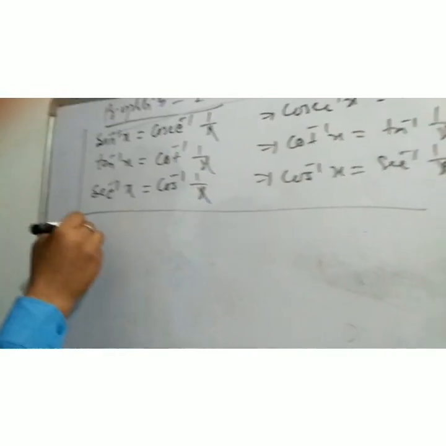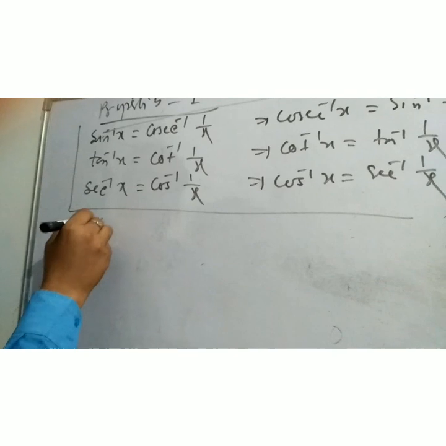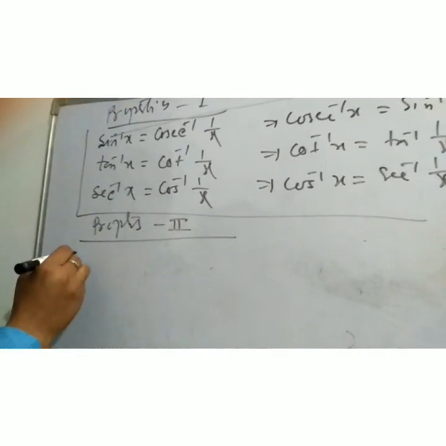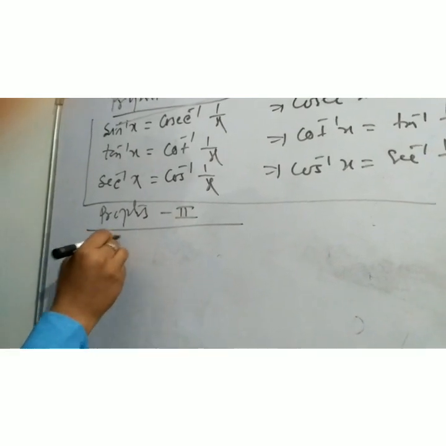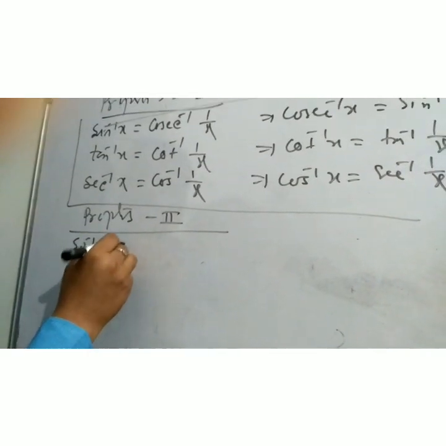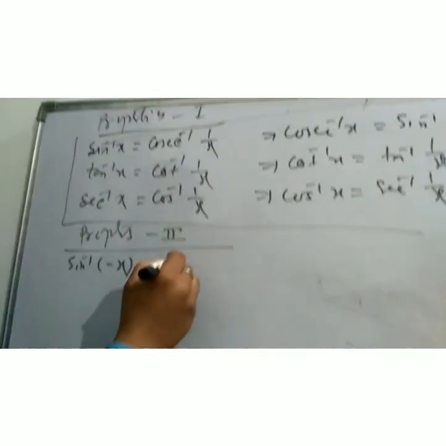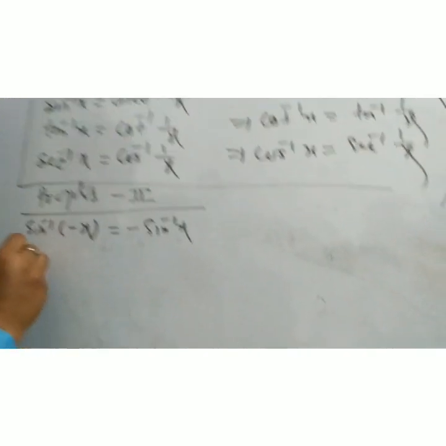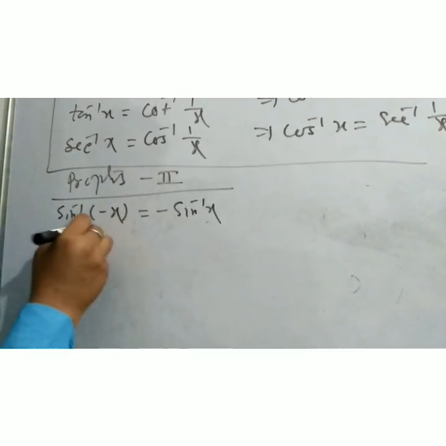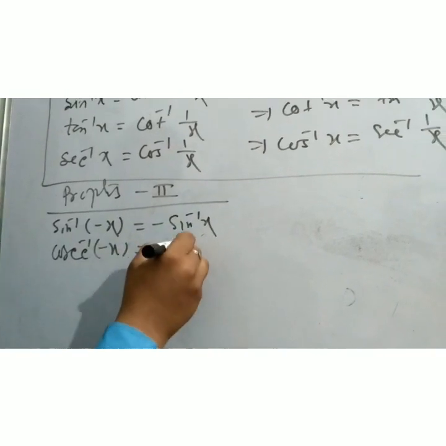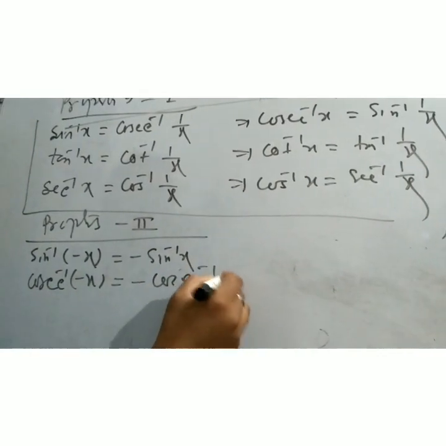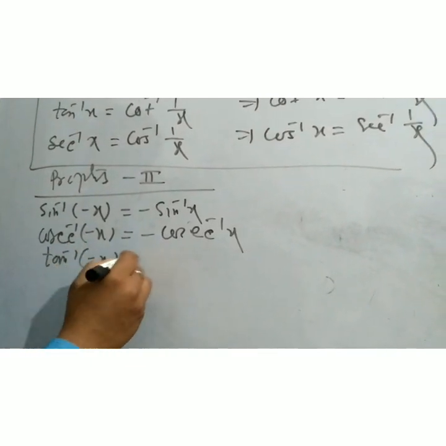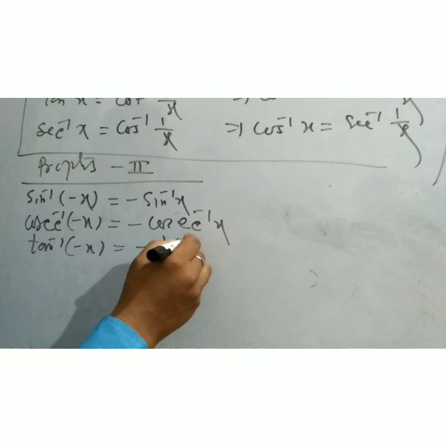Next, property 2: sin inverse of minus x is equal to minus sin inverse x. Similarly, cosec inverse of minus x is equal to minus cosec inverse x. And tan inverse of minus x is equal to minus tan inverse x.